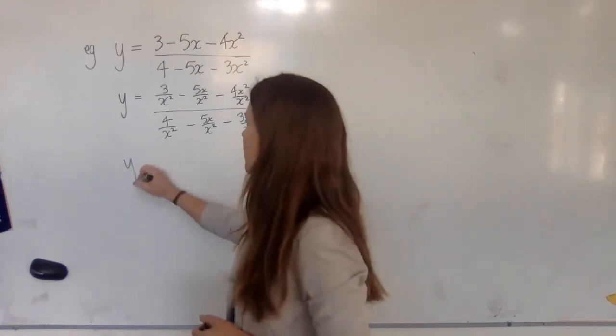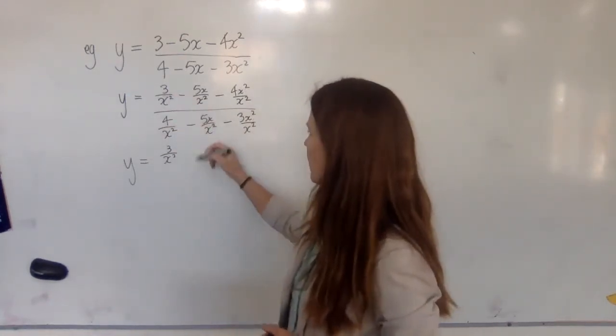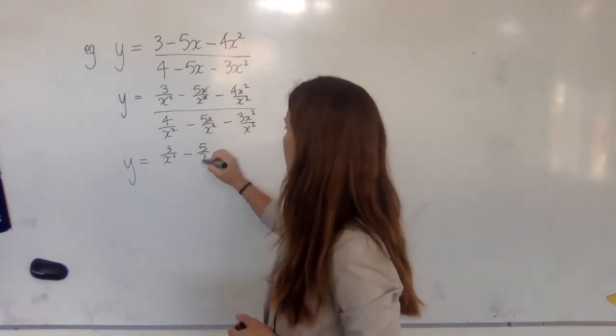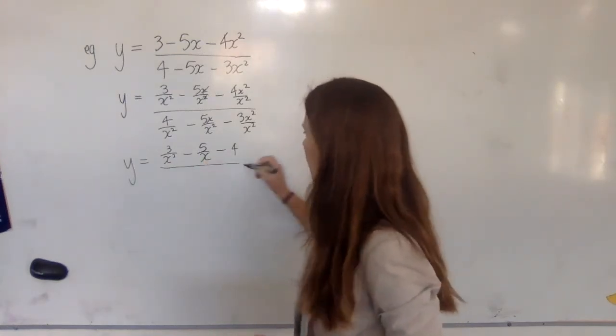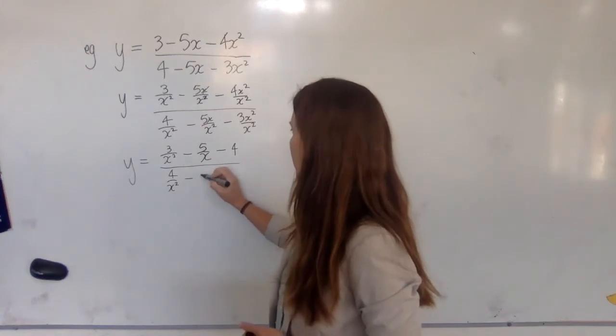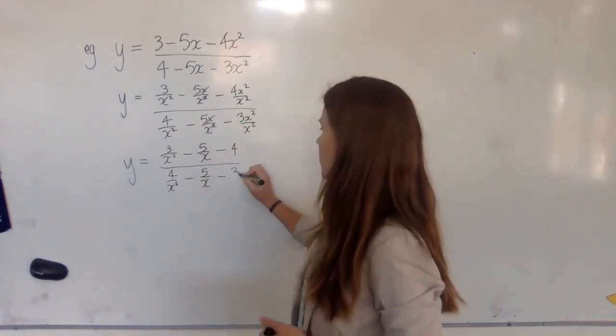Now, tidying up, anything that's only got x's in it like this stays the same, but where I can do some cancelling, I can do so. Minus 4, that's just 4, over. Now here we've got 4 over x squared minus, we can cancel these, 5 over x again, minus 3.